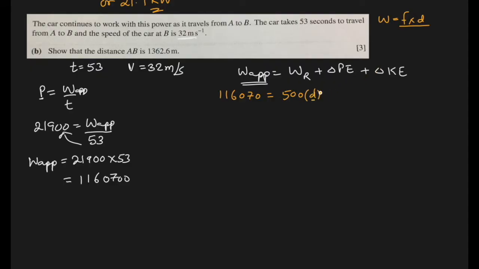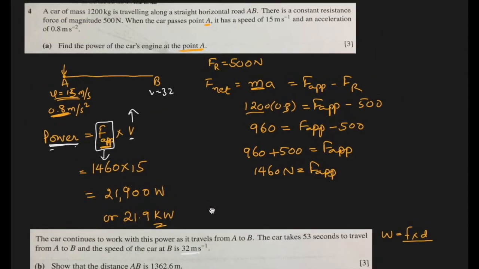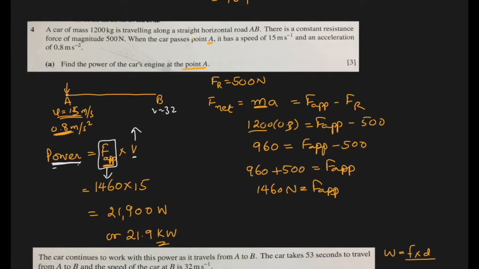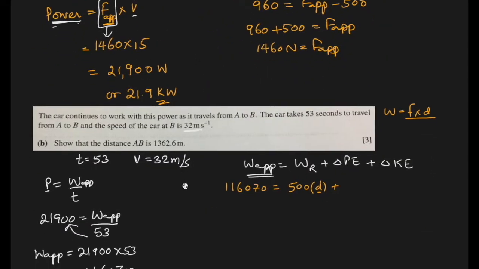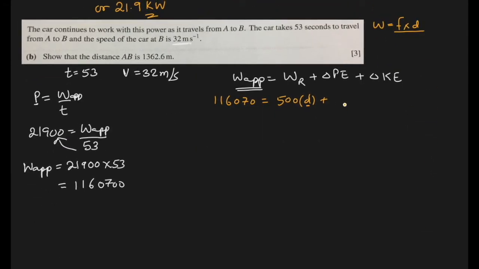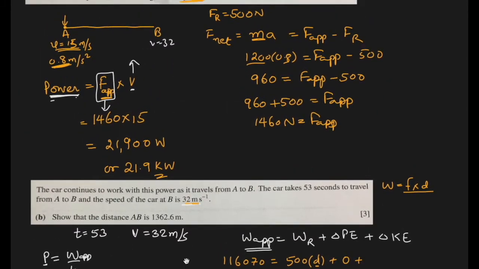So this distance they're asking us to show is this. Again, it's a horizontal road. Let me see again and show it to you. Straight horizontal road AB. That means the height is not changing in this question as well. So it will be 0. But speed changed to 32 meters per second from 15 meters per second.